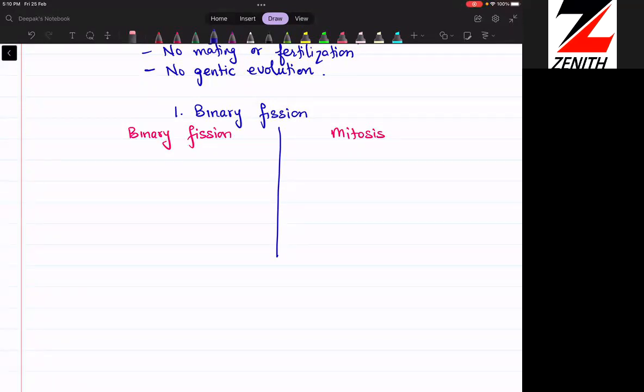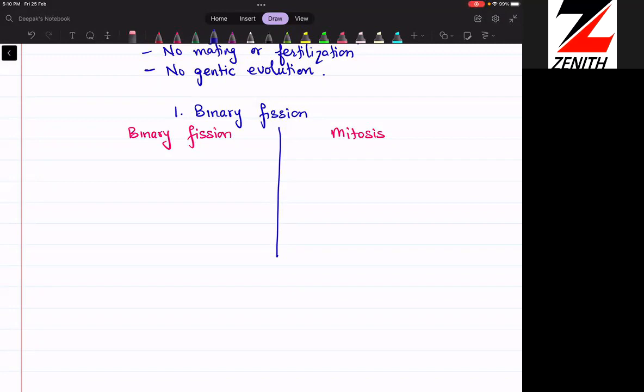No, it's not like that. In binary fission also, the nucleus is dividing and then the full body is dividing. So the offspring have the nucleus at the time of division as well. That's true. In binary fission, it's not that the body is divided into two parts and then the second part develops the nucleus.